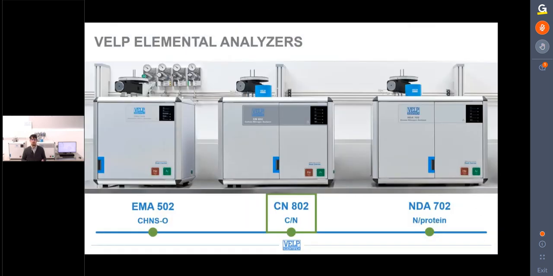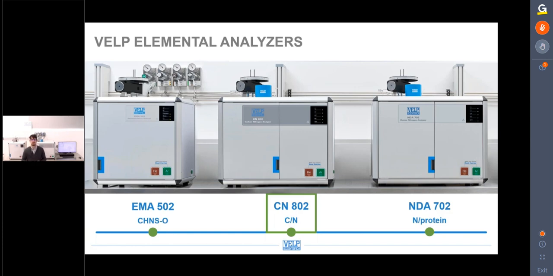In our portfolio, we can find 3 different elemental analyzers. We can start from the left. You can find the EMA502, a developed all-in-one solution for the determination of carbon, hydrogen, nitrogen, sulfur, and oxygen. On the right, there is the NDA702 for the analysis of nitrogen and protein following the Dumas combustion method.